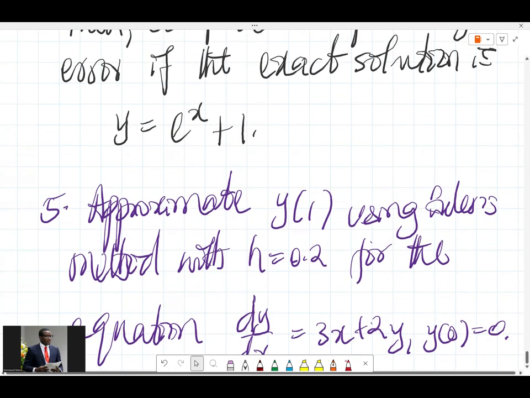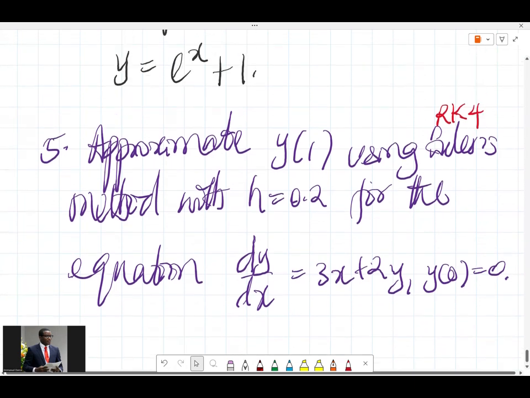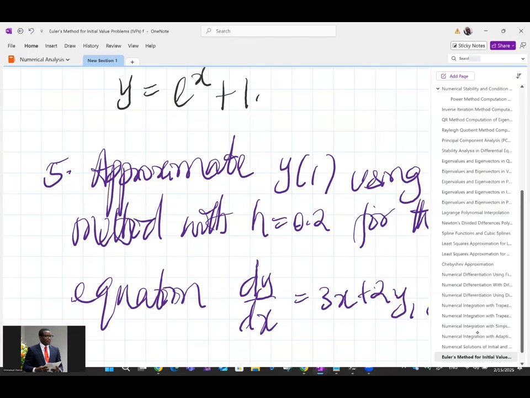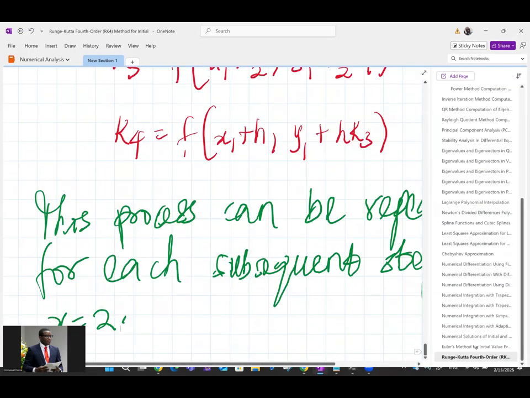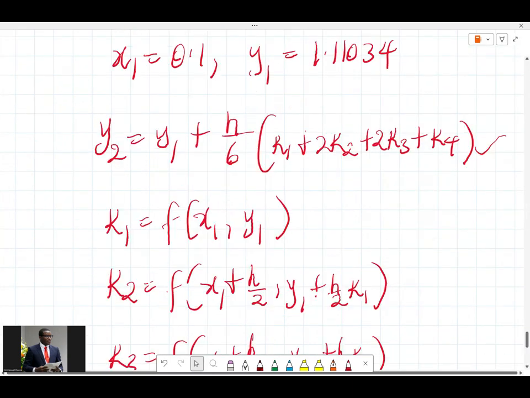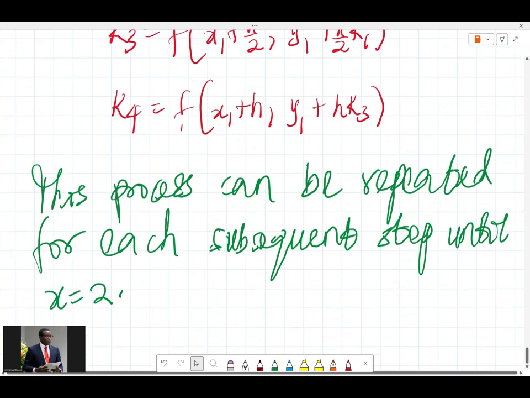Now you want to approximate using RK4 after using Euler, so you can easily compare and see which one converges faster. And then we're done with the Runge-Kutta fourth order method, and that's how that goes.